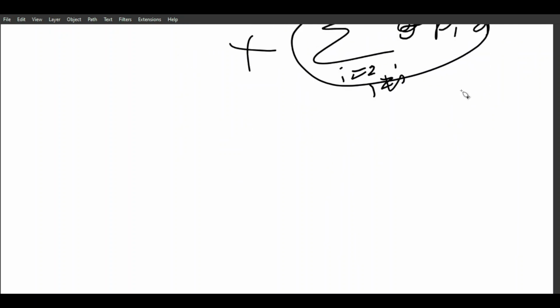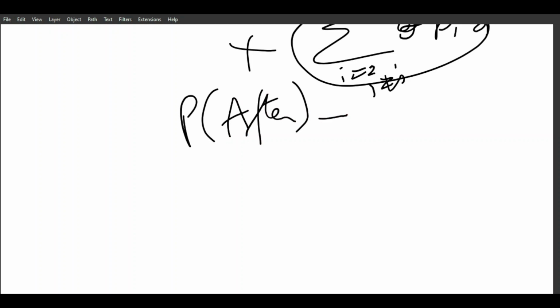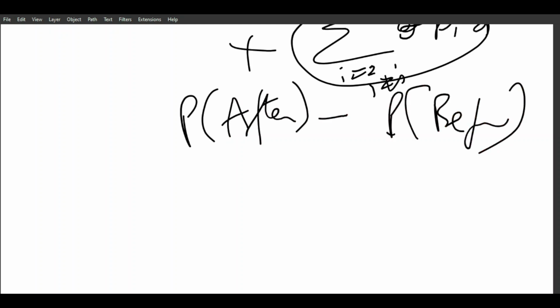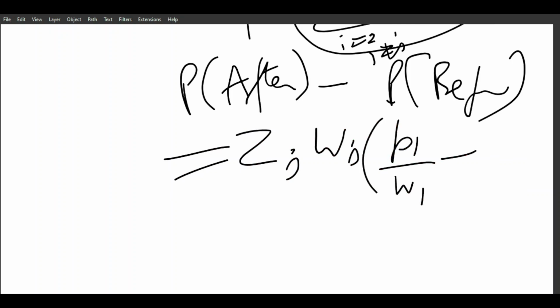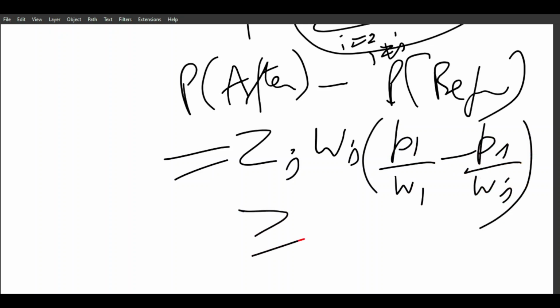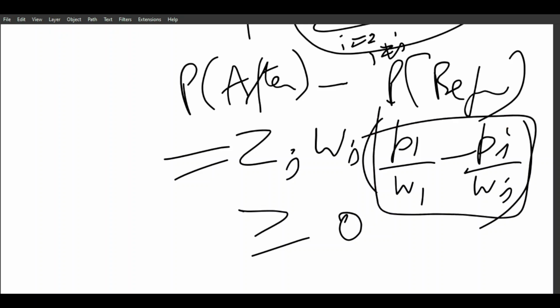So if we perform the subtraction, profit after minus profit before, you can perform the computation. I will just write the result. We get, after computations, zj wj (p1/w1 minus pj/wj). Now you can easily see this is at least 0 because the items are sorted according to profit per weight.